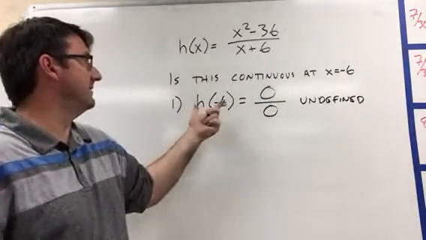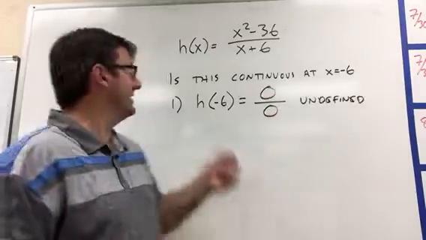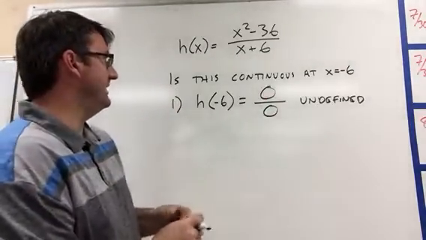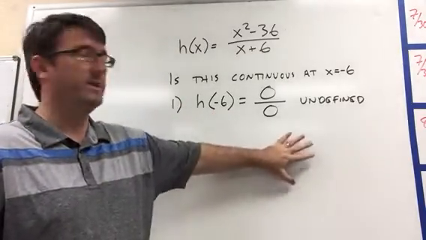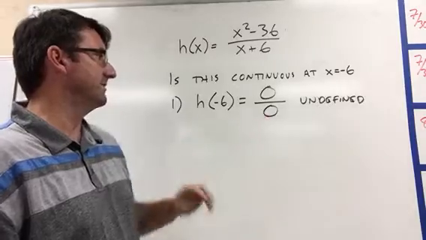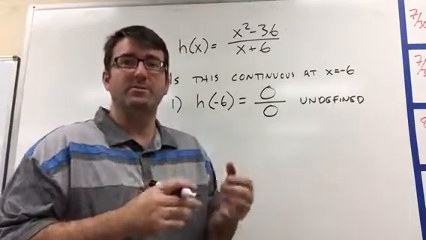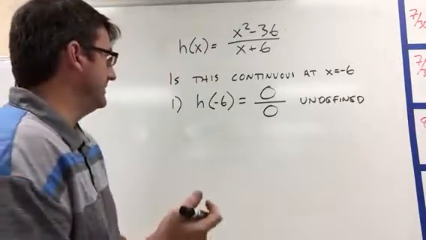So does the function exist at x equals negative 6? No. So we can stop there. We don't need to do the rest of the test for continuity because we know it's not continuous right now. So this is not continuous. But what we do need to know is what type of discontinuity do we have here.